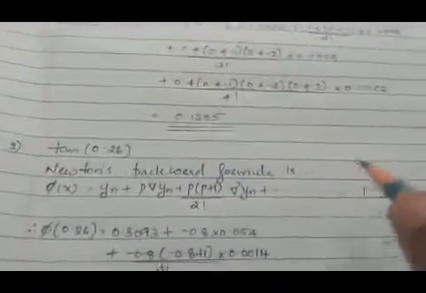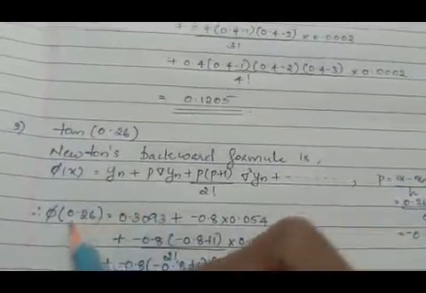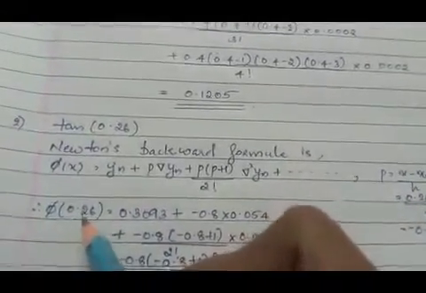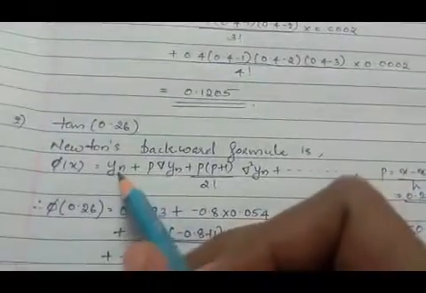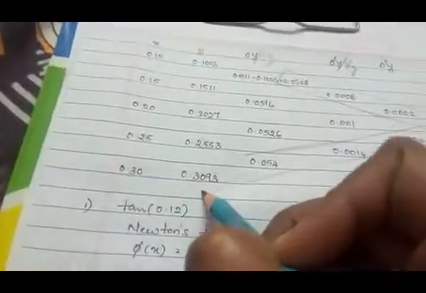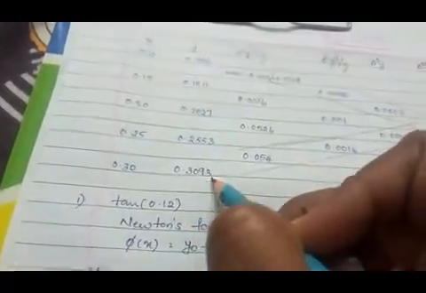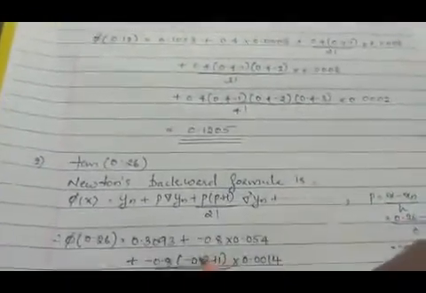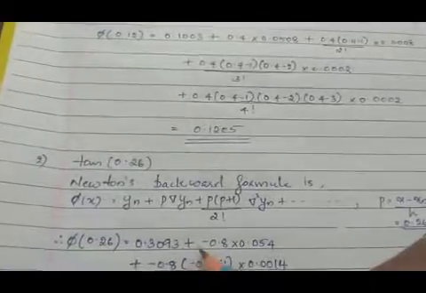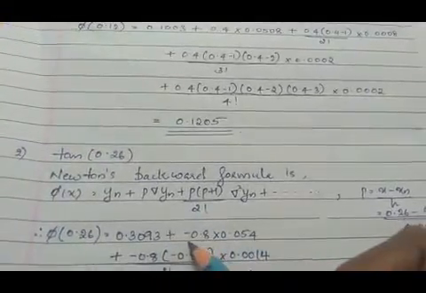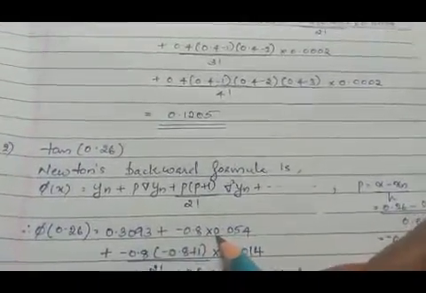Okay, now we have to substitute it here. Therefore, to find phi of 0.26, the first term is yn. yn is the last entry value, that is 0.3093. 0.3093 plus p, where p is minus 0.8, into del yn.